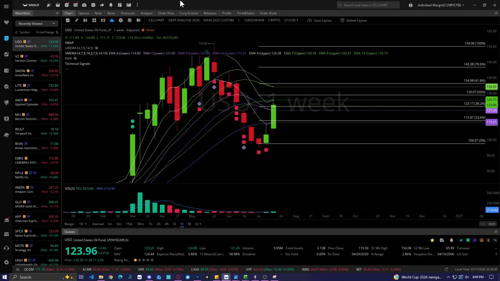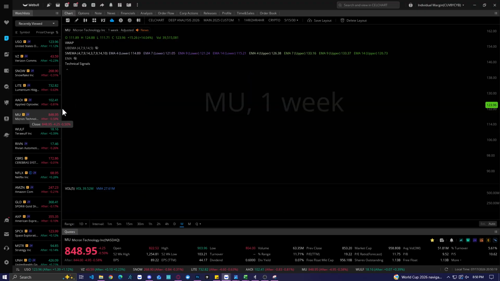But that's essentially how I play. I play the Fibonacci's, I play the moving averages, I play dark pools, I play open interest. With all of that, I'll create a thesis and get a feel for what's going on.